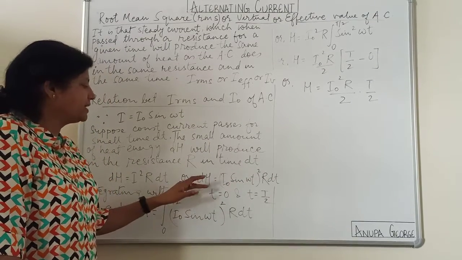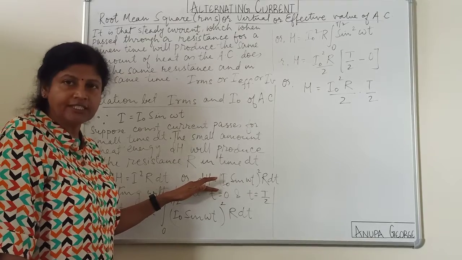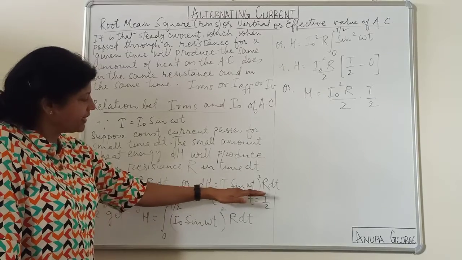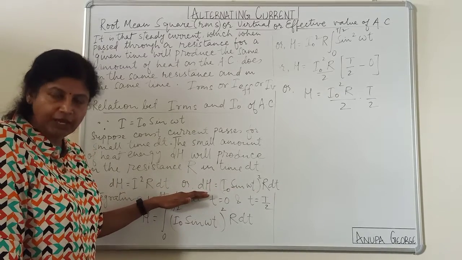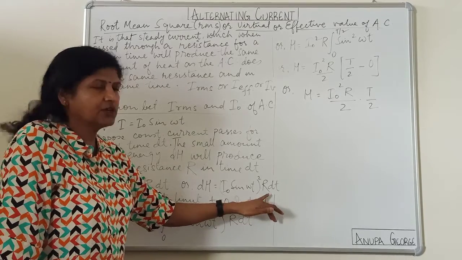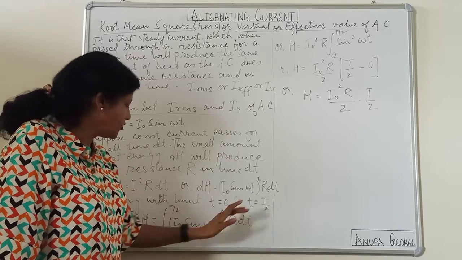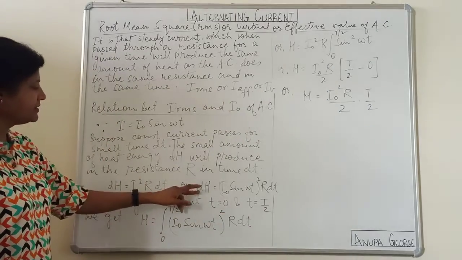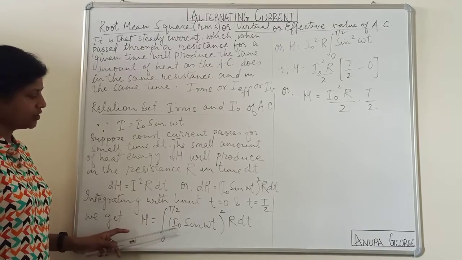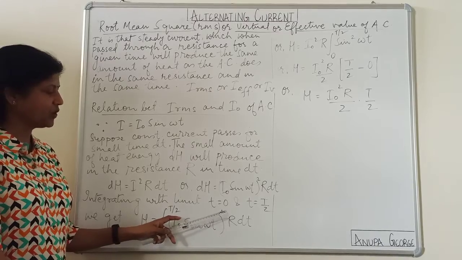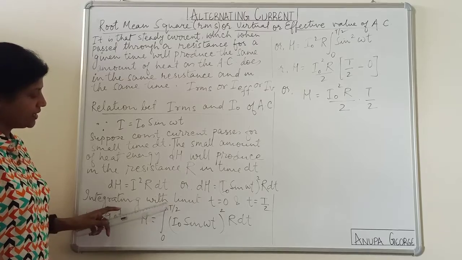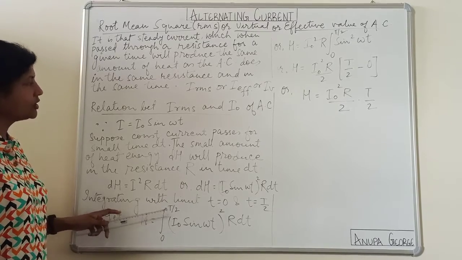Now to get the total net value of heat energy, we integrate this relation with limits time t is equal to 0 and t is equal to T by 2, half of the time. So integrating, we get H is equal to the integral of I naught sine omega t whole square R dt, with limits 0 to T by 2.